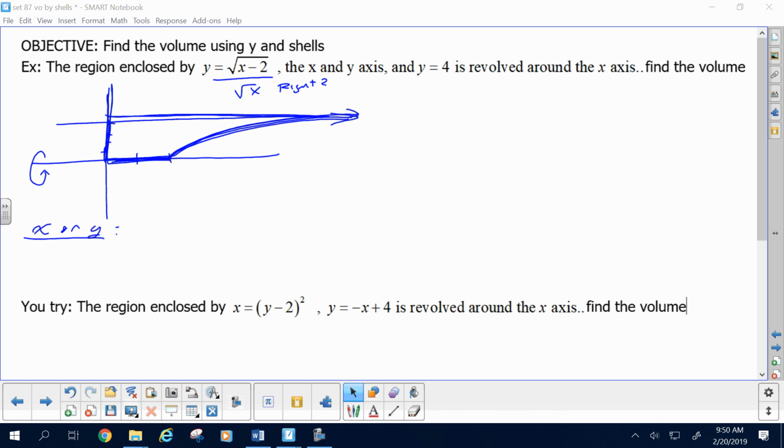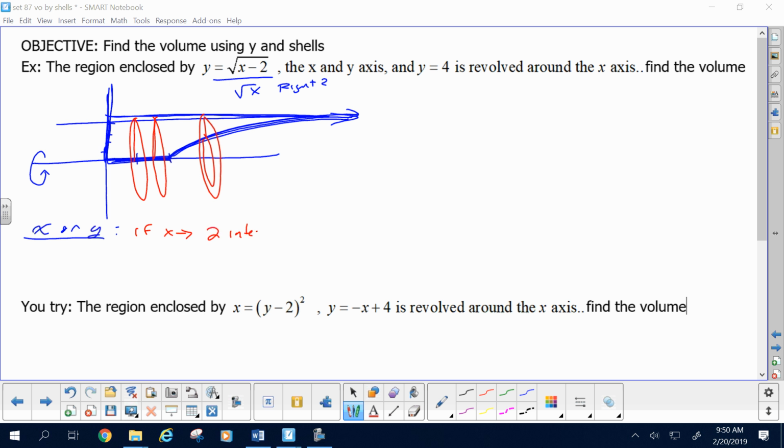If I used x, wouldn't the slices go this way? Yeah? Are you with me? All right. Now if the slices go this way, this would be a disc, this would be a disc. But once I get to here, then I'm talking washer. And so if I use x, then it's 2 integrals.